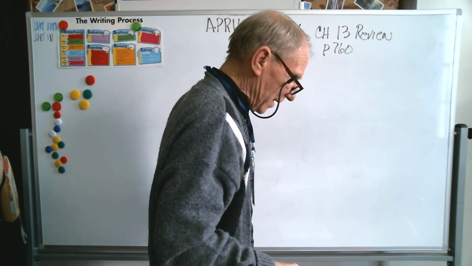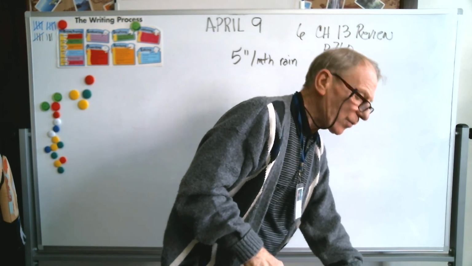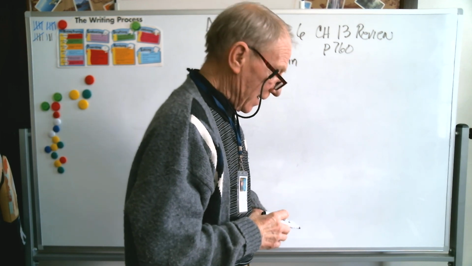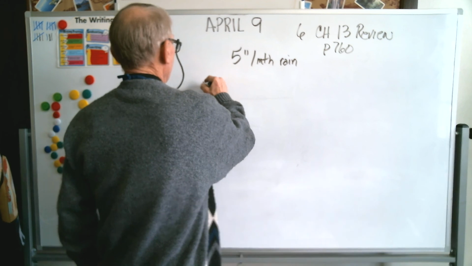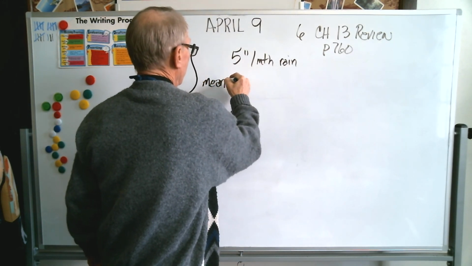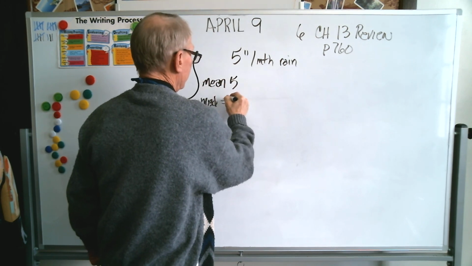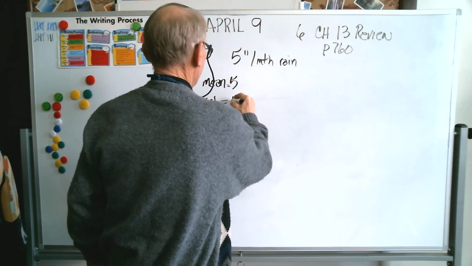And so what they've done here is 1, 2, 3, 4, 5, 6, 7, 8, 9, 10, 11, 12. They've collected data for every month, and they say that the mean of that data is 5, and the median is 4.35.